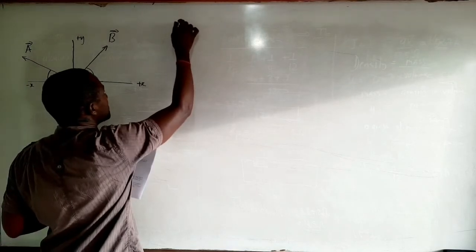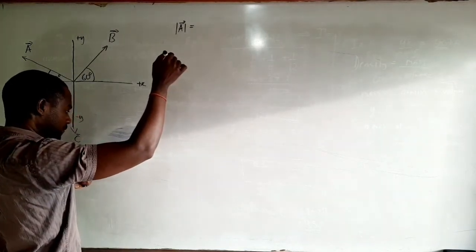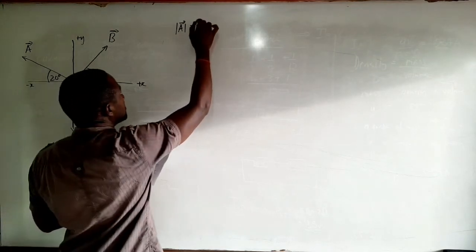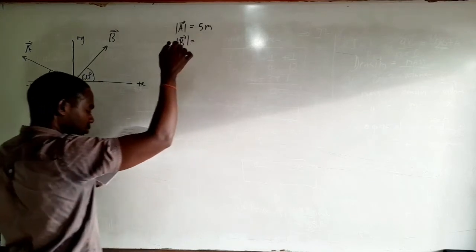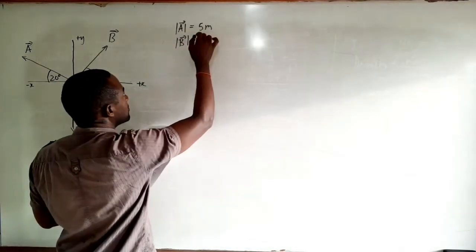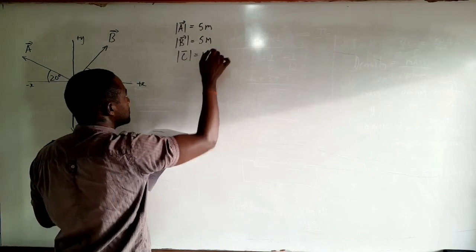We're told that the magnitude of A is equal to 5 meters. The magnitude of B is equal to 5 meters as well, and the magnitude of C is equal to 4 meters.